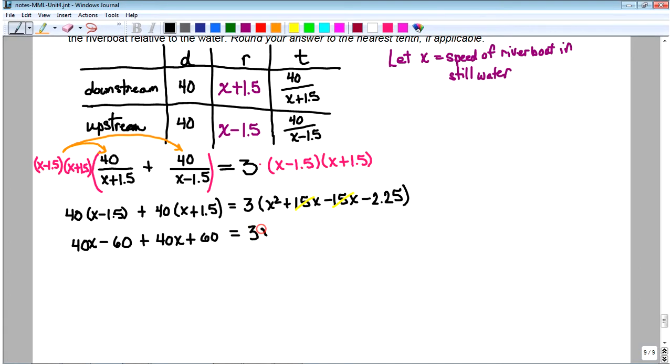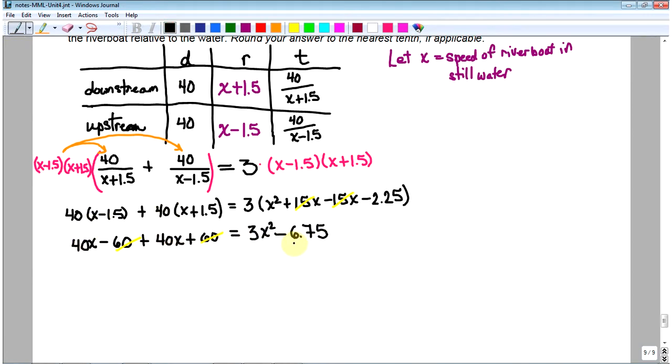Now I need to distribute my 3, so we'll end up with 3x squared, and then negative 2.25 times 3 gives us negative 6.75. Notice on the left that the 60s cancel out, and we'll be left with an 80x.